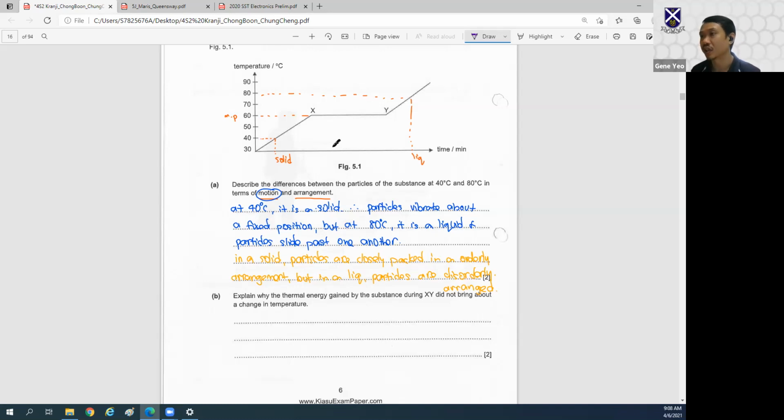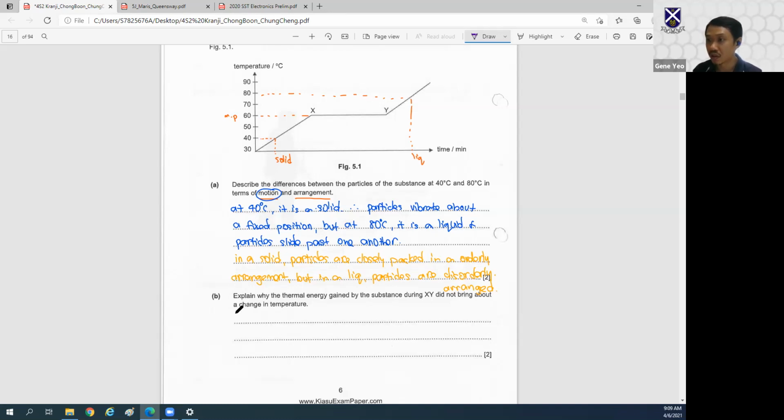But that's not the only thing. You also have to talk about the kinetic energy not rising, okay? Because kinetic energy is correlated to the temperature. So if the temperature doesn't rise, the kinetic energy does not change as well. Okay, so you got to talk about two things.